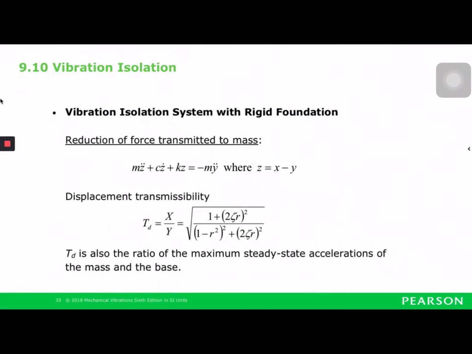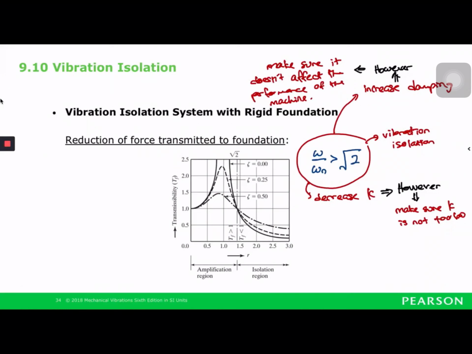So basically, the conclusion for this one is that we want to select the best and most effective value of K and C, or damping, so that the vibration isolation will work at its best performance.